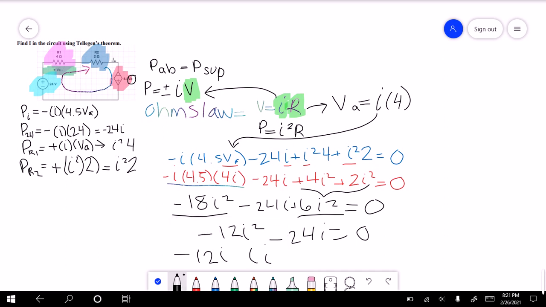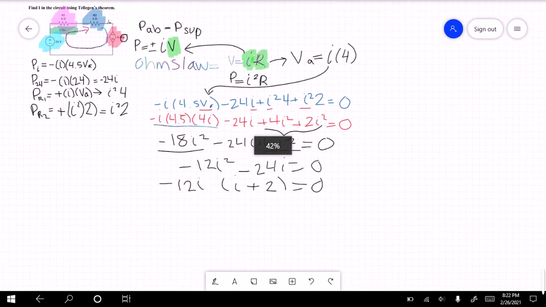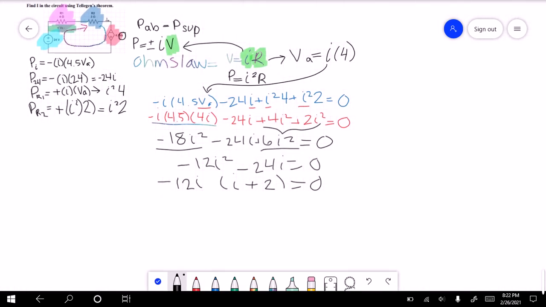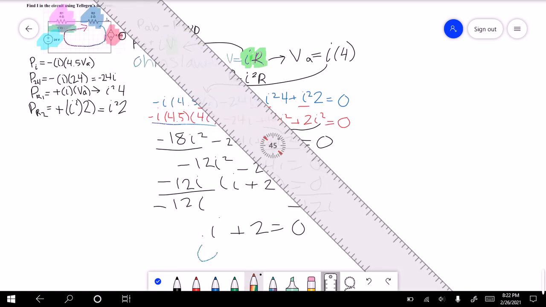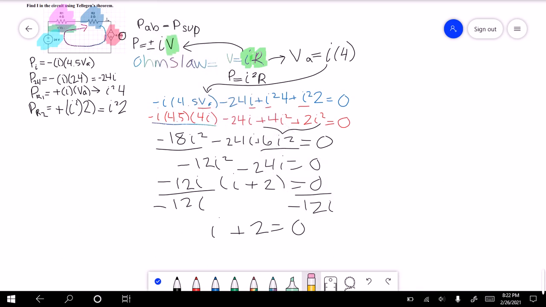So it leaves us with I plus 2 equals 0. Grand finale. I equals negative 2 amps.